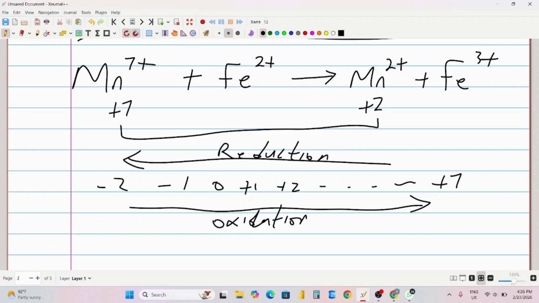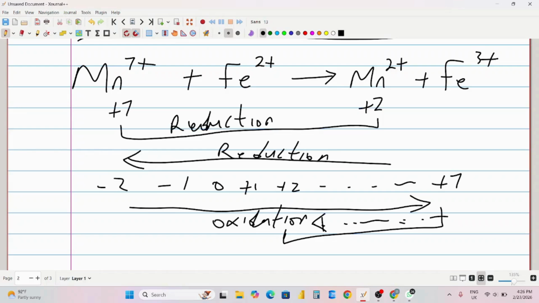So from +7 to +2 would be what? That's following this way, obviously going this way. You know, the arrow appears. So your manganese is undergoing reduction.